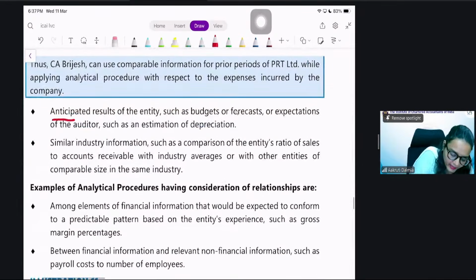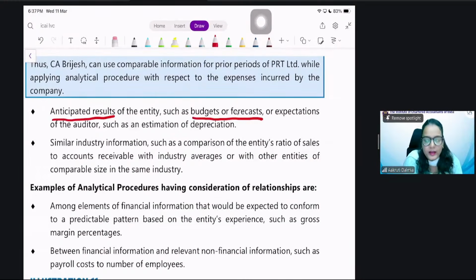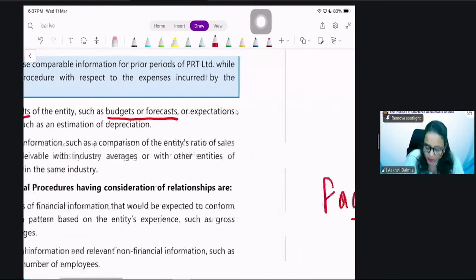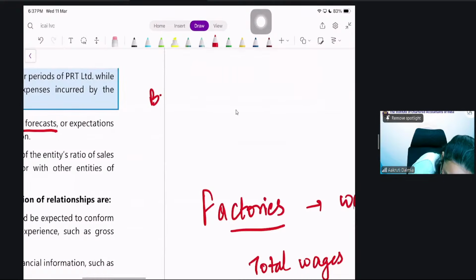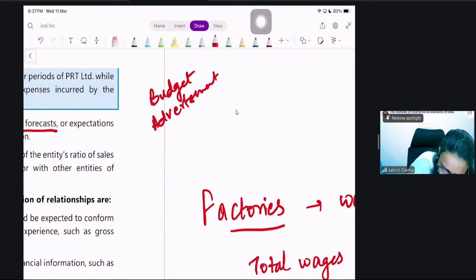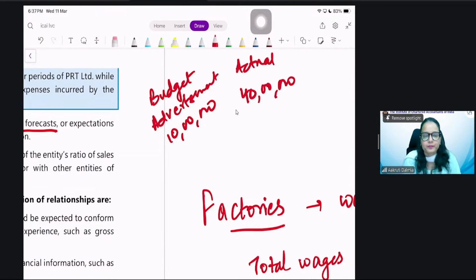If I'm comparing with budgets and forecast, is that also an analysis? So let's say budget for advertisement expenditure was 10 lakh and actual was 40 lakhs. Will you ask questions?